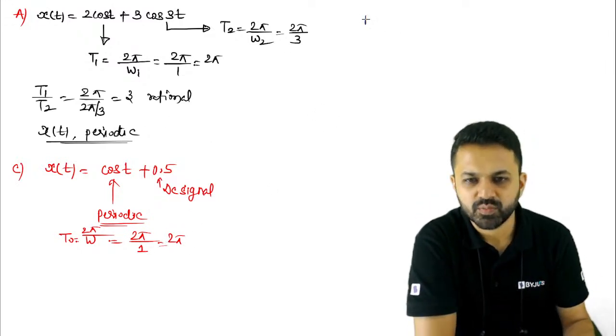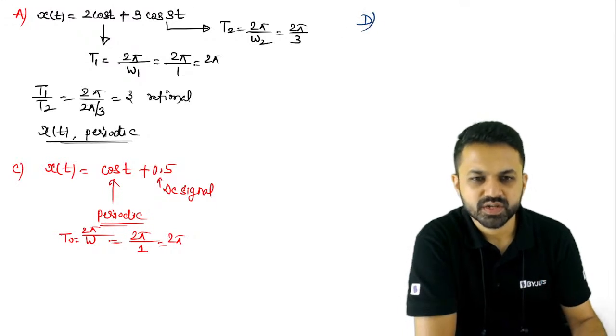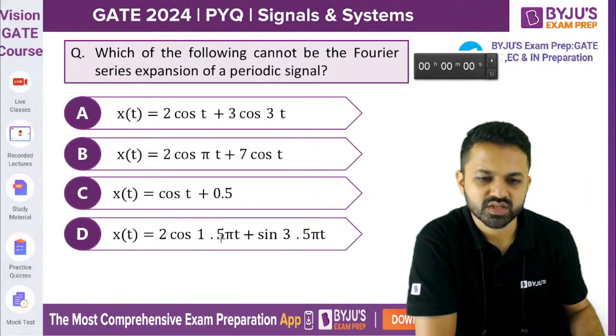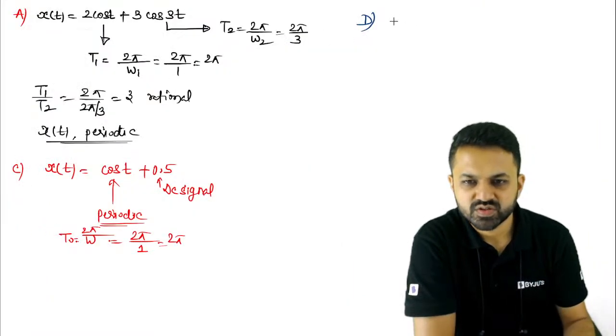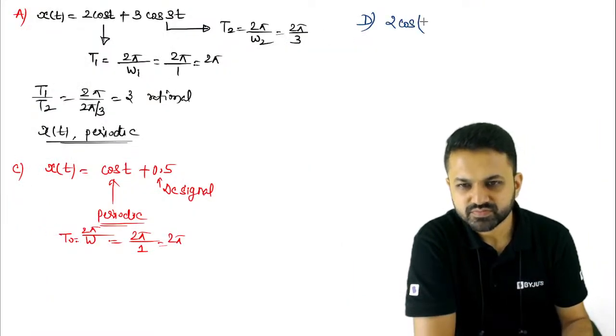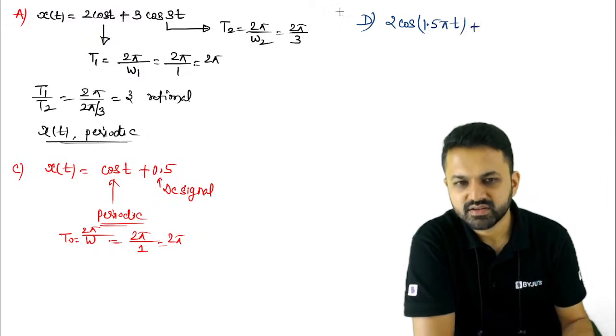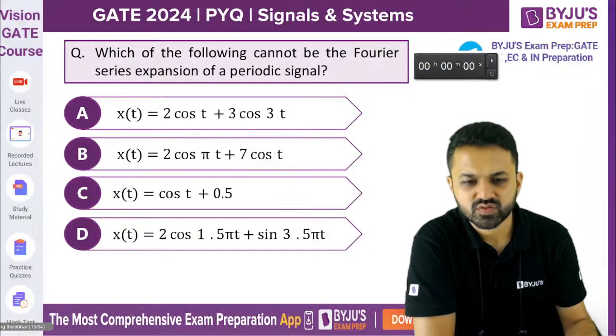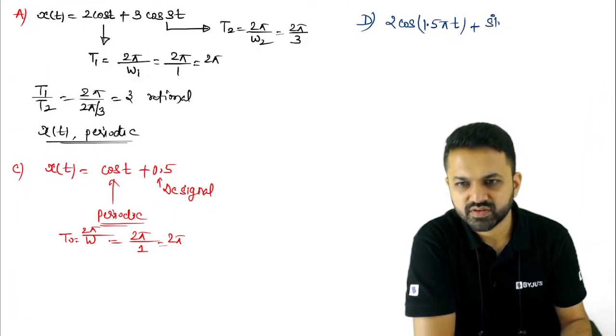Now coming to option number D. Option number D says 2 cos 1.5 pi t and sine 3.5 t.